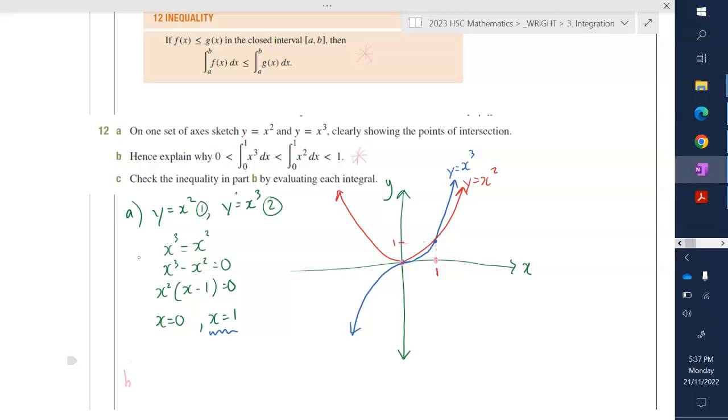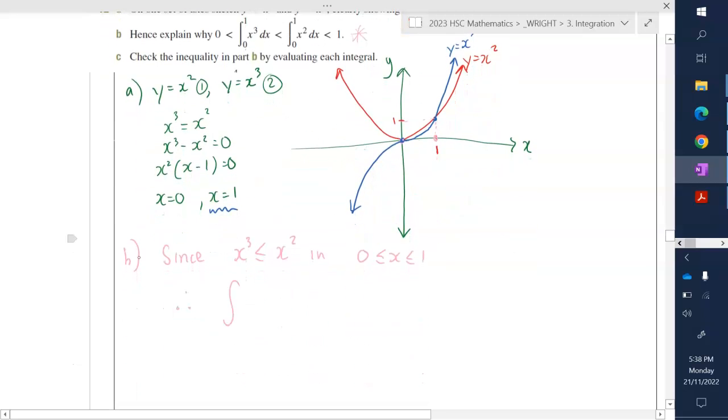What I can state there is that, by our graph, f of x, which is our x cubed, is less than or equal to x squared in this domain. Between here and here, our curve of x squared, which is the red line, is always bigger than our curve of x cubed, which is the blue line. That's what's happening in that range.